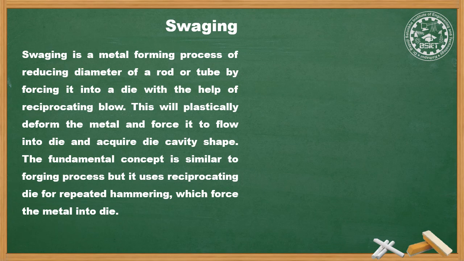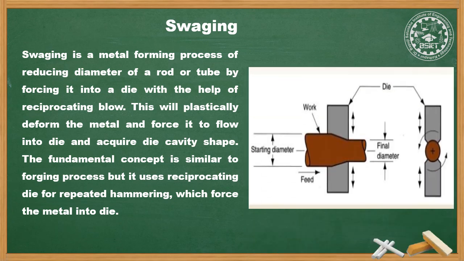The fundamental concept is similar to forging, but it uses a reciprocating die for repeated hammering, which forces the metal into the die. In the swaging process, as shown in the figure, the die cavity contains the exact shape which we want to produce on the rod or tube. This process is used to form screwdrivers, soldering iron tips, etc.